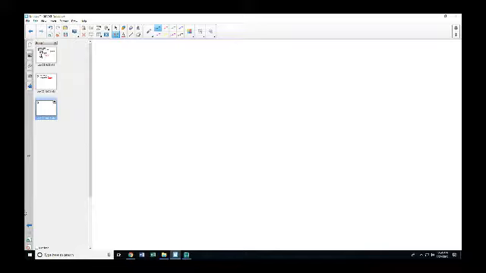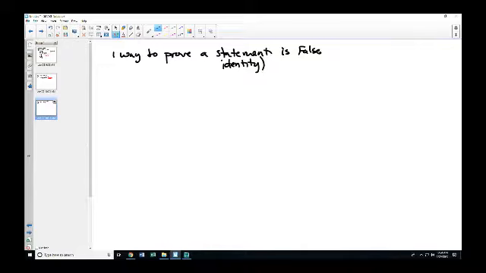One way to prove a statement is false, in our case, one way to prove an identity is false, because that's how we're going to use it, is called a counterexample.